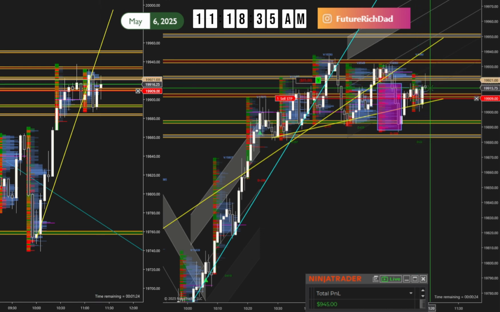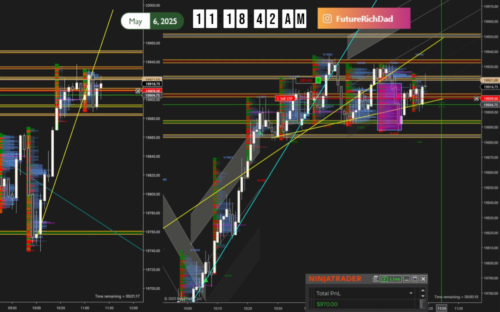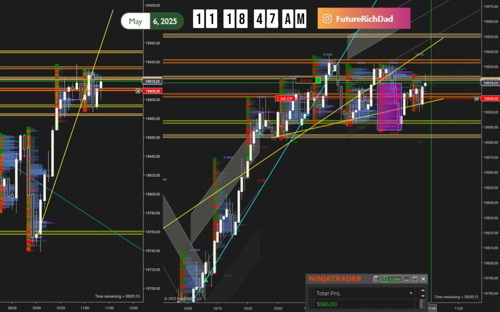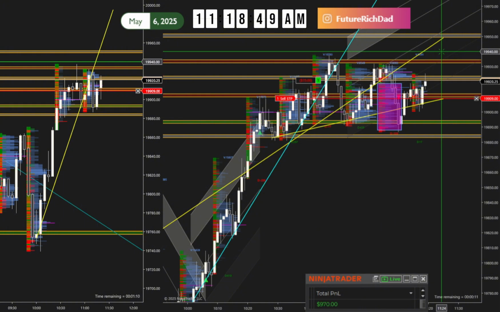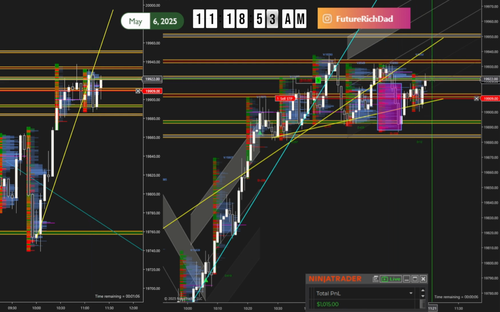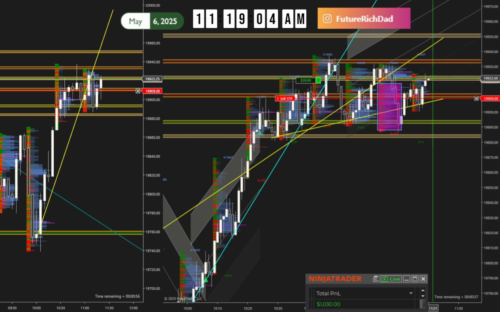Something was placed pretty heavily to bring us that quickly back down. So this is the start of this volume cluster again, so we will see if we move up. Most likely will, since this is the start of that volume cluster.